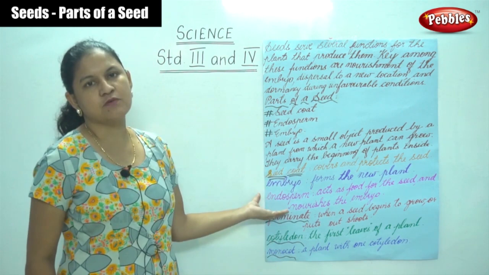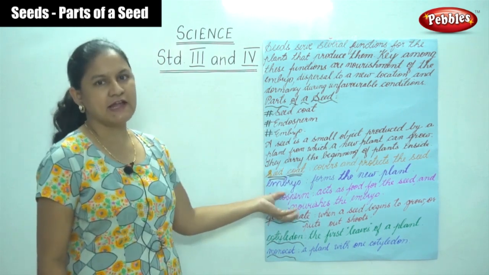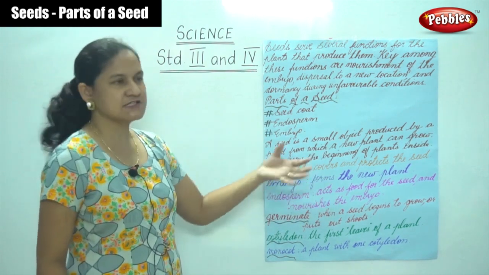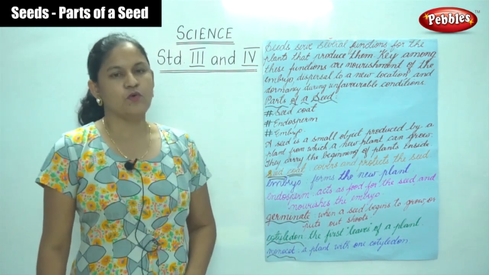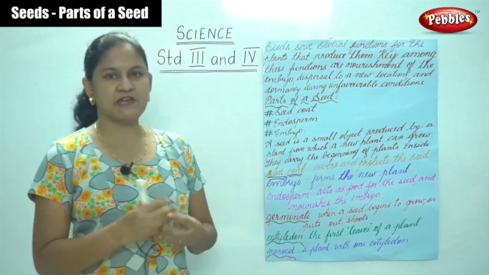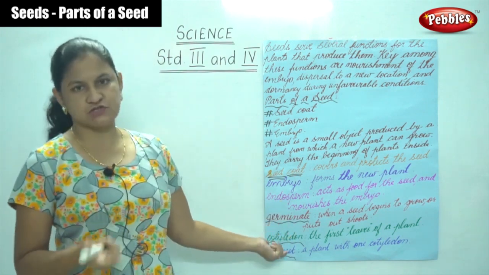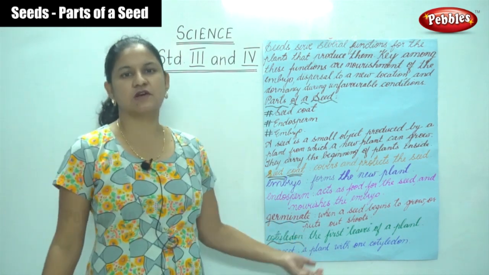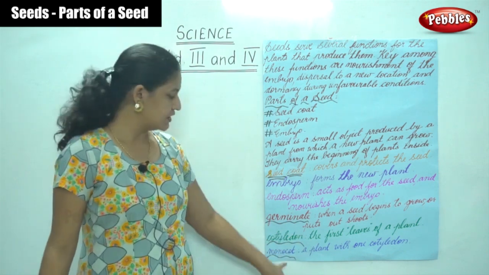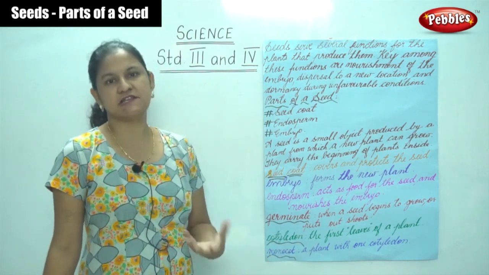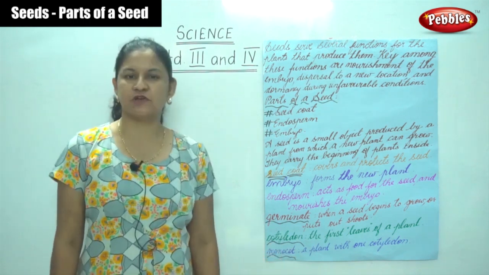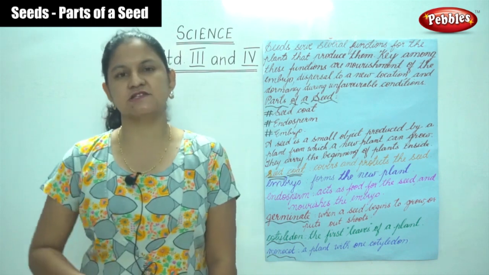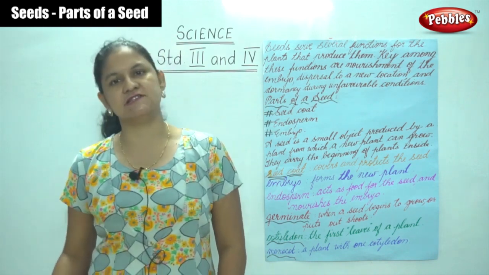The embryo forms another new plant, and endosperm acts as food for the seed and nourishes the embryo. When a seed begins to grow or puts out shoots, that process is called germination. Cotyledons are the first leaves of the plant, and monocots are plants with one cotyledon. So these are the parts of the seed and its functions.